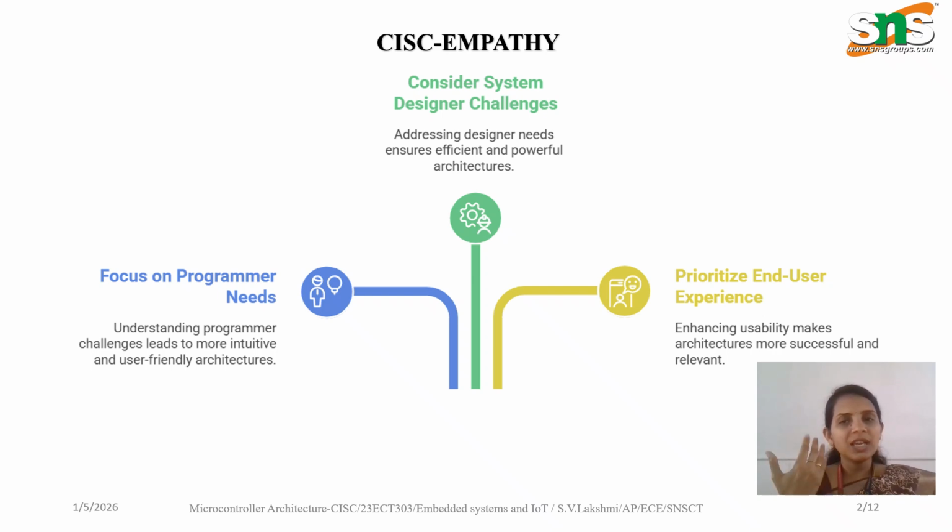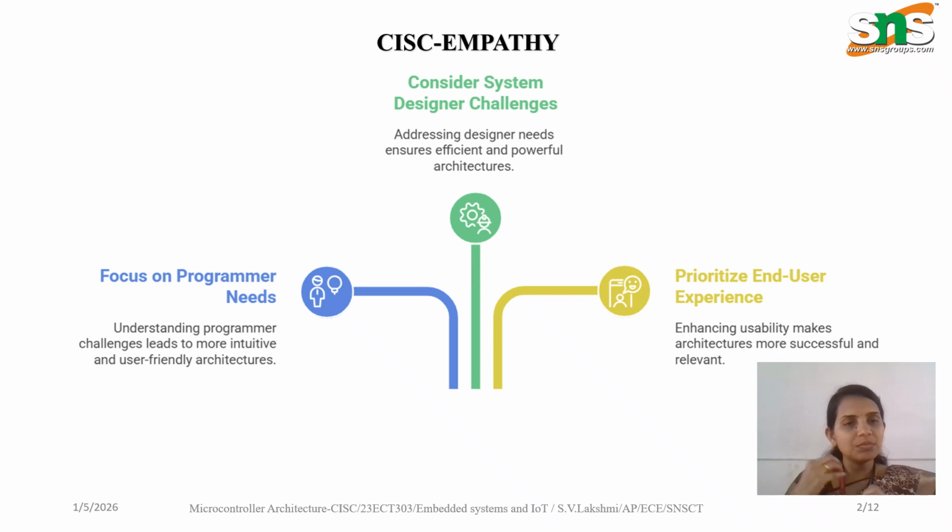It will reduce the number of instructions a program needs by using a large set of complex and variable length instructions. So before talking about the performance and the characteristics of CISC, let us consider the empathy part of this type of architecture. We have to address the designer needs, which ensures an efficient and powerful architecture.